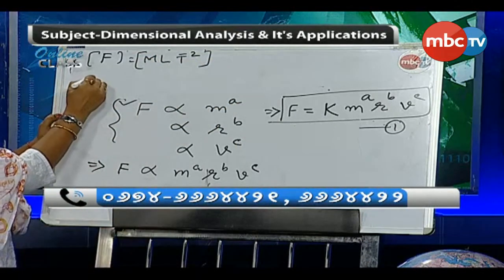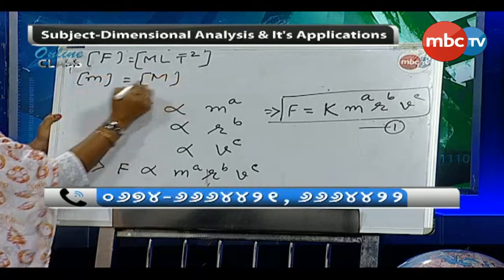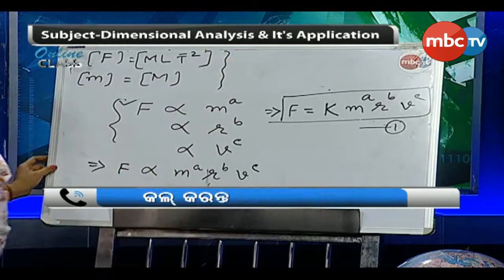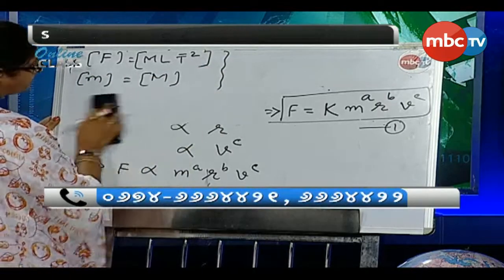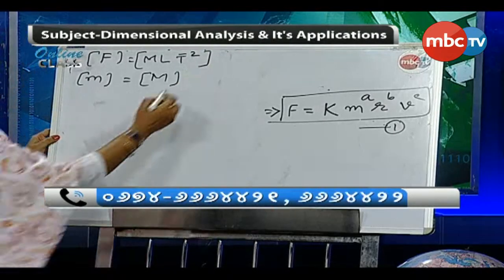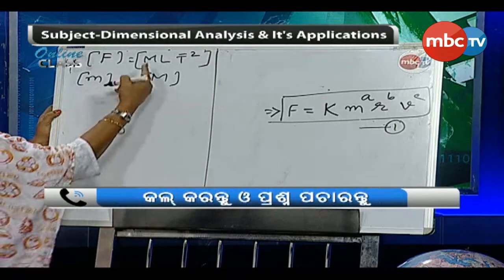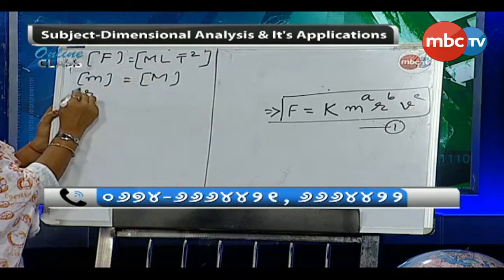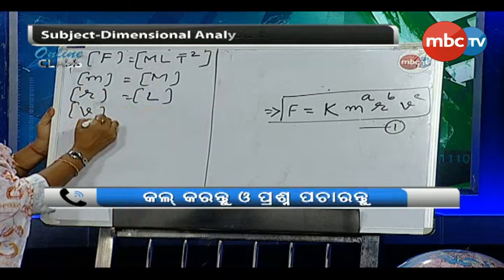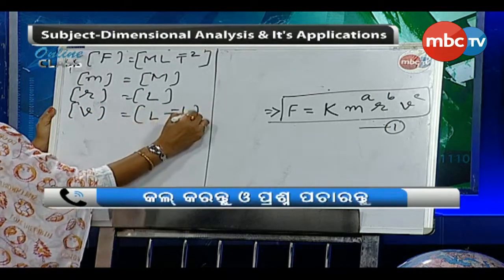What is the dimension of mass? It is M. What is the dimension of r? It is L. And of v, it is L T minus 1.